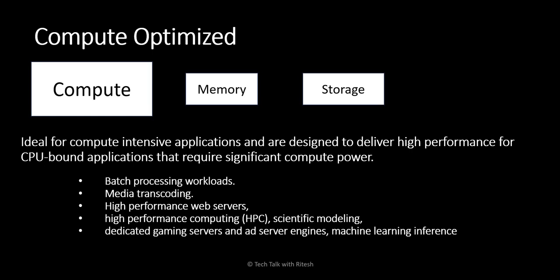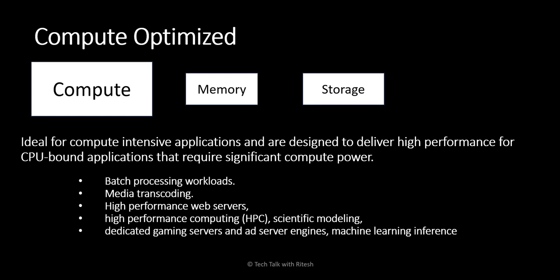Okay, so the second one is compute optimized. Like it says, we need more computation capacity now. Memory and storage can still be at the usual limit, but we need more compute. So it is ideal where we need more computation, and those applications can be an ideal fit for this type of EC2 instance.